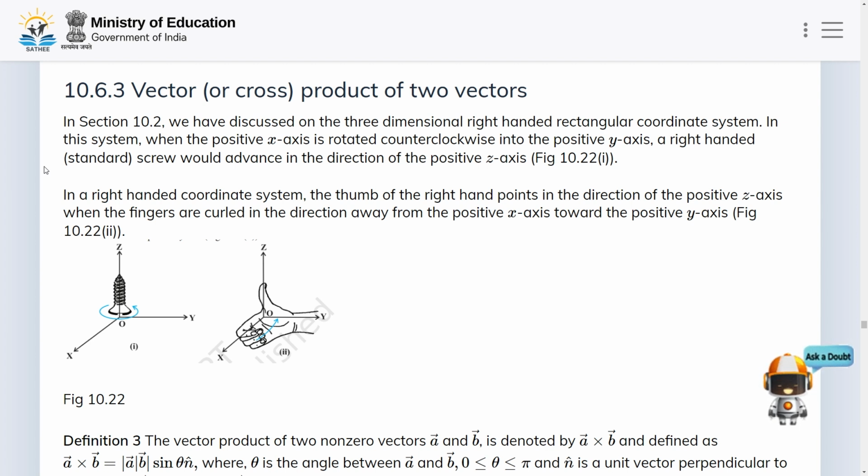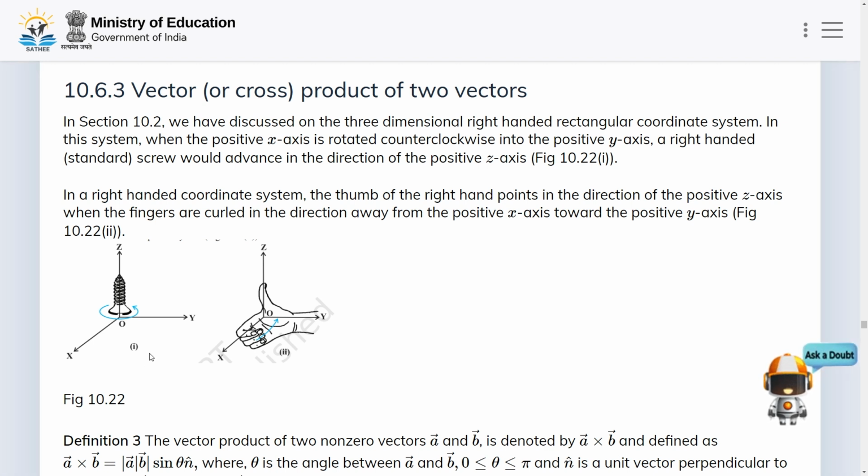We have discussed the three-dimensional right-handed Cartesian coordinate system. In this system, when the positive x-axis is rotated counterclockwise into the positive y-axis, a right-handed screw would advance in the direction of the positive z-axis.